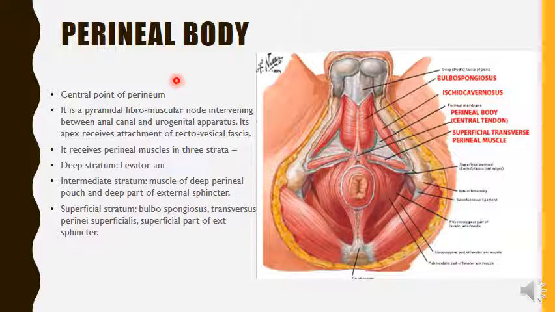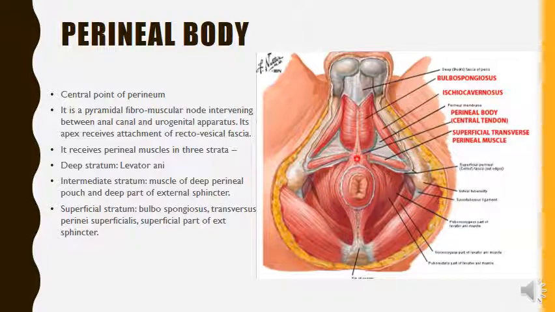So what is this perineal body? The perineal body is also called the central tendon. This portion is the central point of the perineum, also called the central tendon, and it is a pyramidal shaped fibromuscular node intervening between the anal canal, this is the anal canal, and the urogenital apparatus.